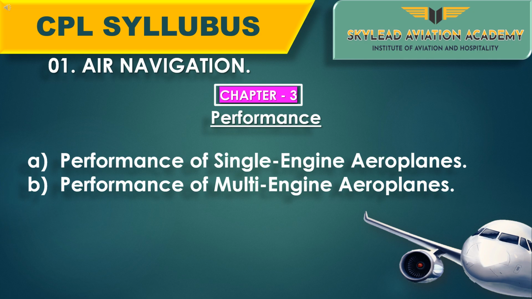For example, I'll take a bike of 4-stroke and 2-stroke, so you can understand what is the difference between a 2-stroke engine and a 4-stroke engine. The same way, aircraft which has a single engine and aircraft which has multiple engines have very different performance limits and limitations. So guys, we will be studying deeply regarding this chapter in our upcoming video.